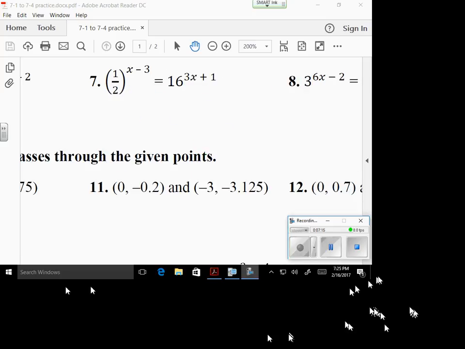Number 7, again we need to get like bases. A half can also be written as 2 to the negative first power, to the x minus 3. And 16 is 2 to the fourth.